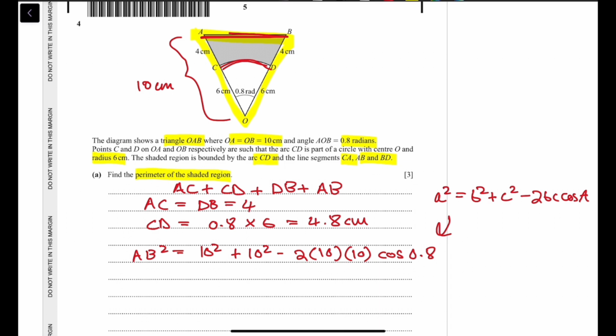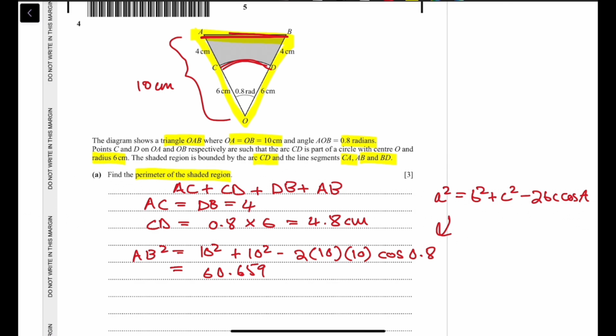Now, if we type that into the calculator, we get 100 minus 2 times 100 cosine 0.8. Make sure your calculator is in radians, and we get 60.659. We must square root it.